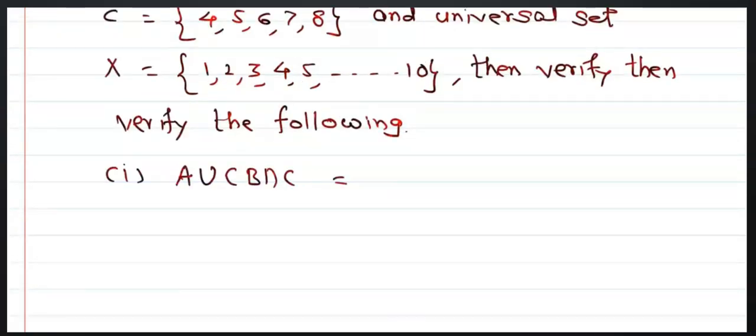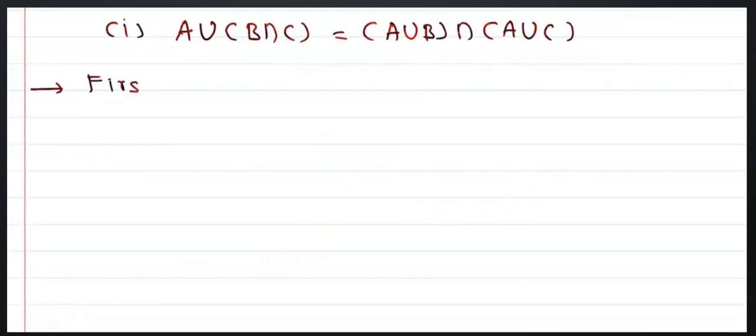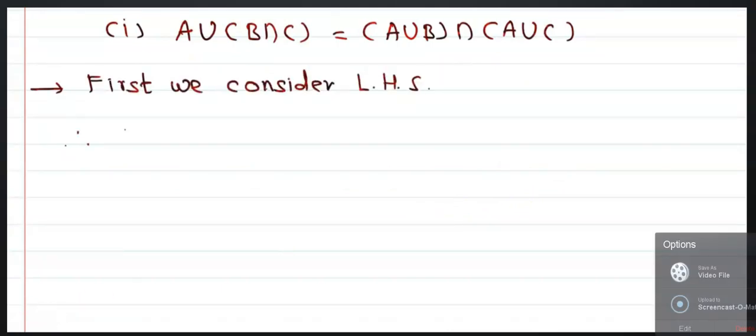A union (B intersection C) is equal to (A union B) intersection (A union C).